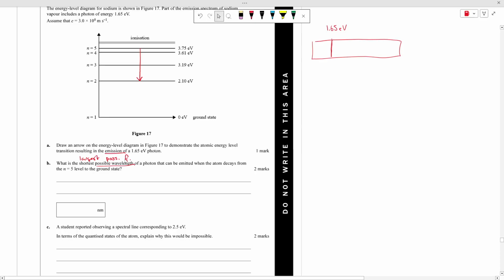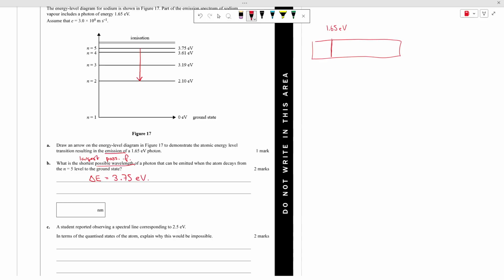Well, that corresponds to the largest possible energy, which means it's from the n equals 5 straight down to the bottom, isn't it? Okay, that's the largest possible energy jump that could happen. So the largest possible energy jump is just from 3.75 down to 0. So it's 3.75 electron volts.